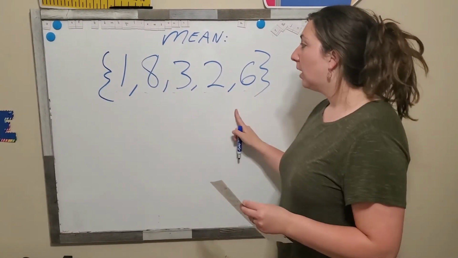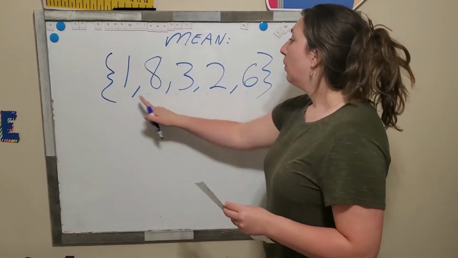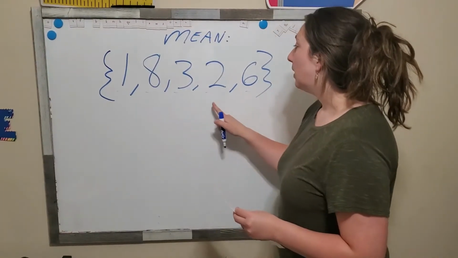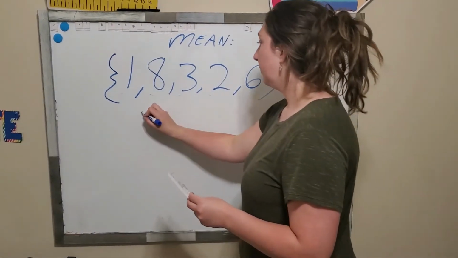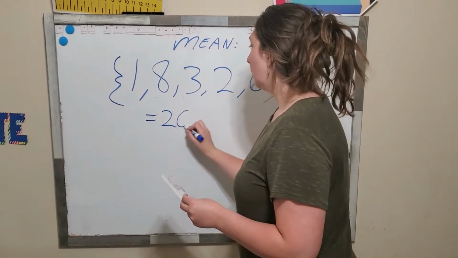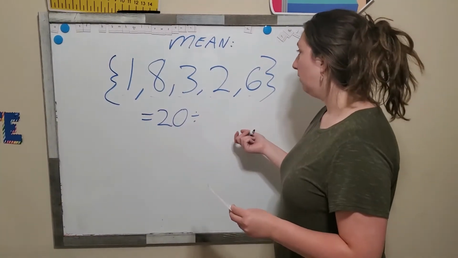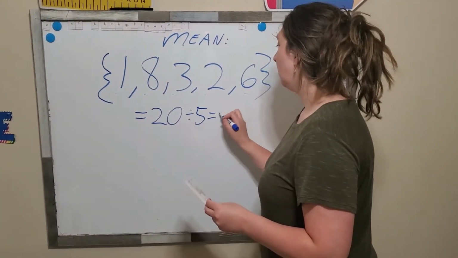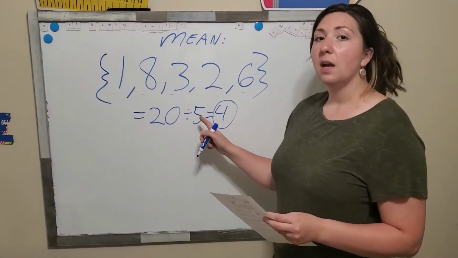So 1 plus 8 plus 3 plus 2 plus 6 is 20. 20 divided by 5 is 4. So the mean of this data set is 4.